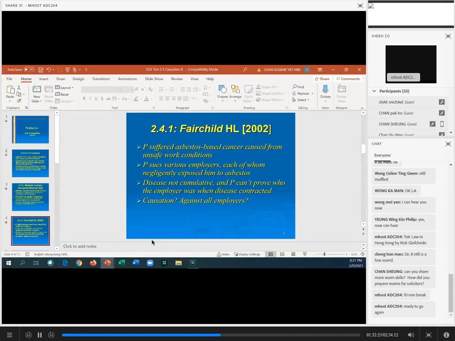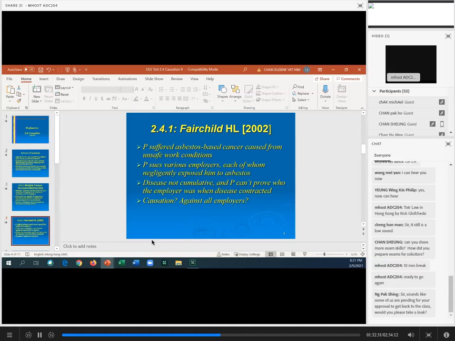So medical evidence was shown here. The disease is called mesothelioma. Medical science always has these tough words. It was an indivisible disease triggered on a singular unidentifiable occasion. So which employer was the one in which the disease was triggered, so to speak?